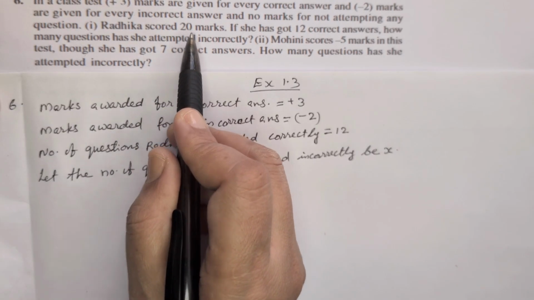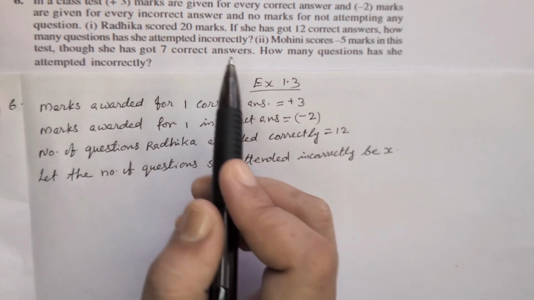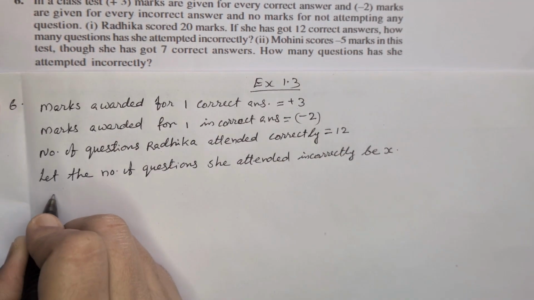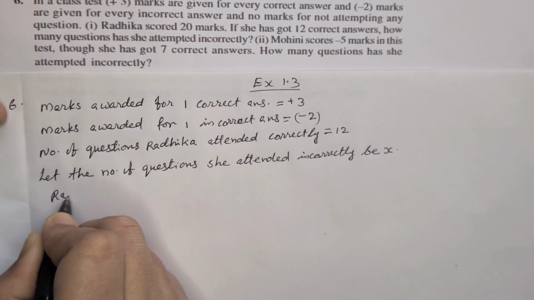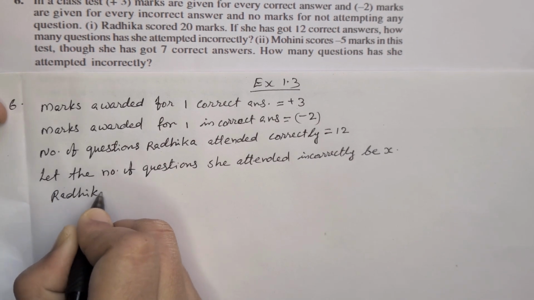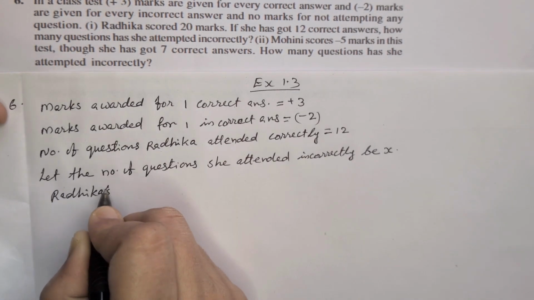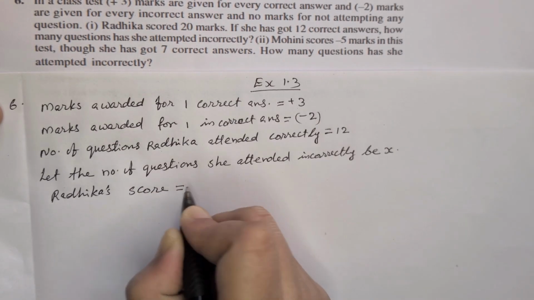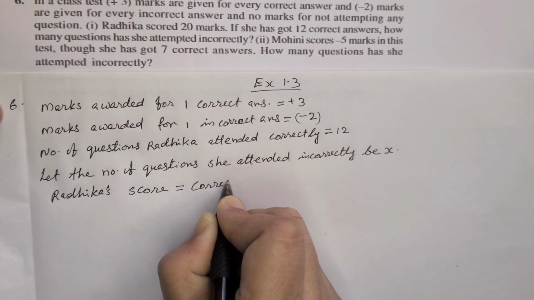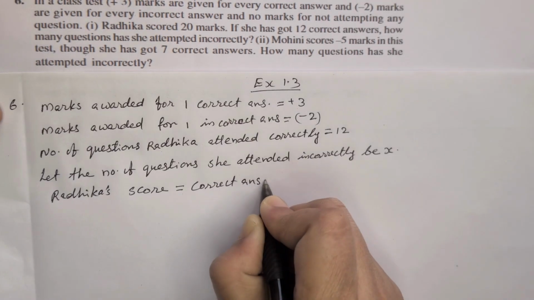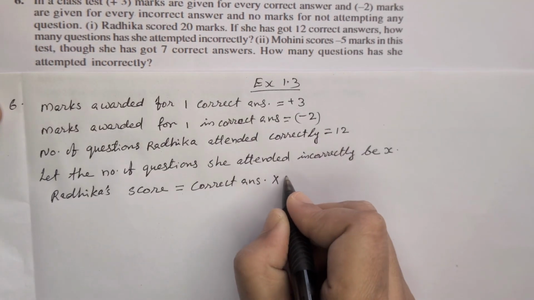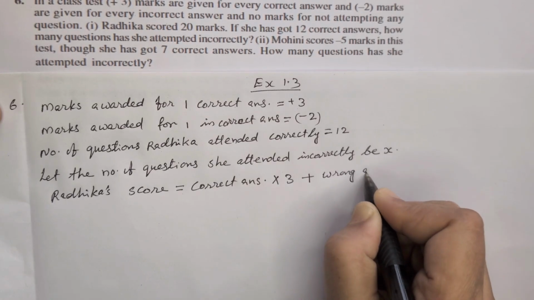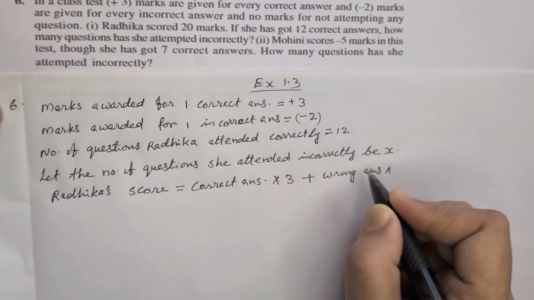She scored 20 marks. So we have to find how many questions she answered incorrectly. Radhika's score is equal to the total marks, that means correct answers plus incorrect answers. Each correct answer gets 3 marks and each wrong answer gets minus 2, a negative mark.